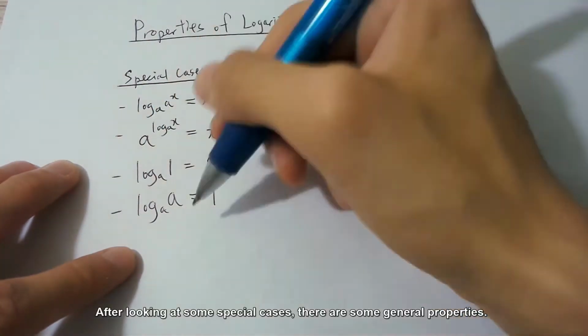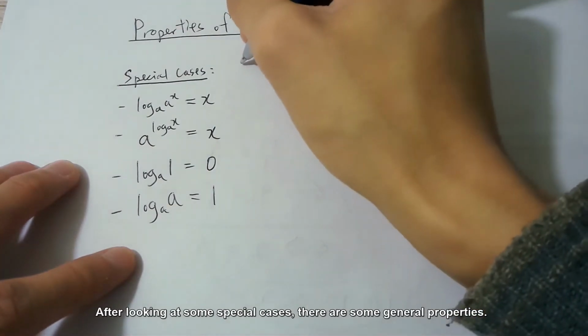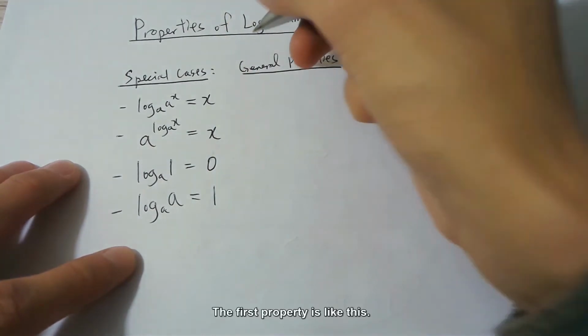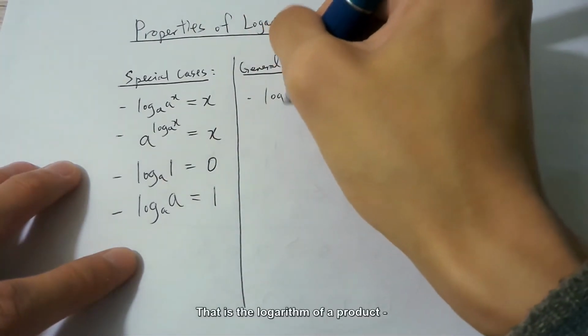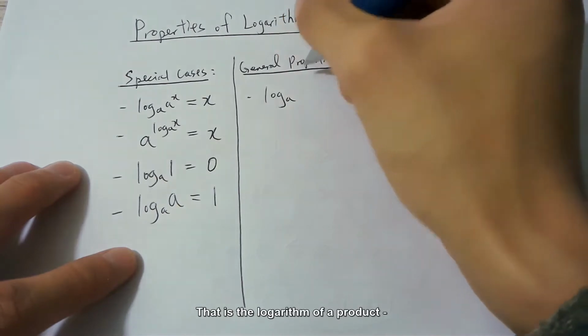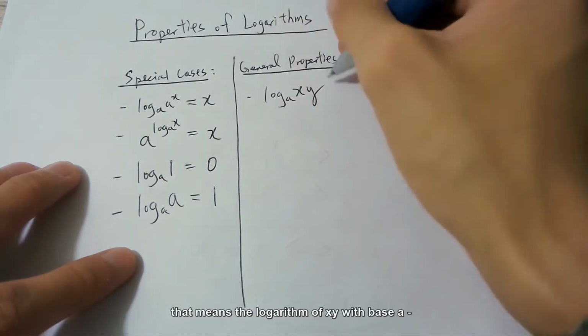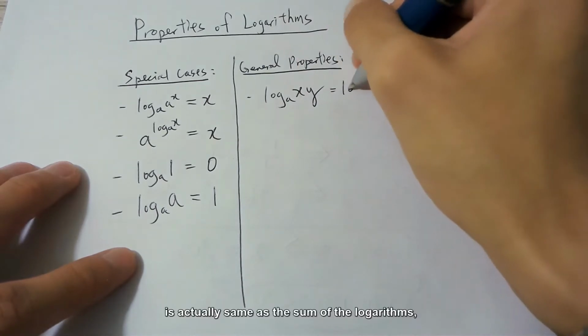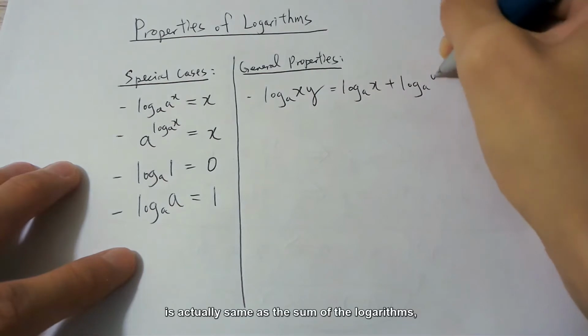After looking at some special cases, there are some general properties. The first property is the logarithm of a product. That means the logarithm of xy with base a is the same as the sum of the logarithms.